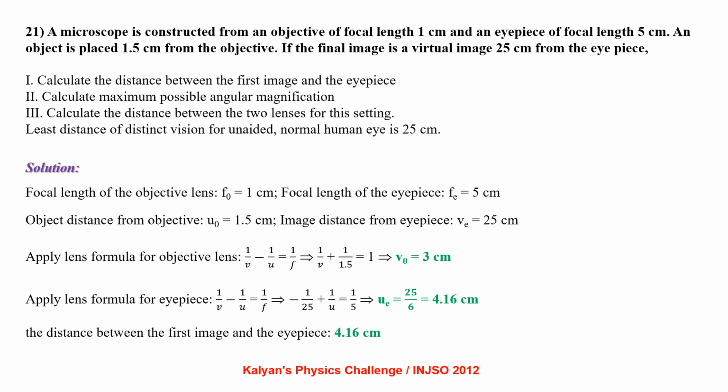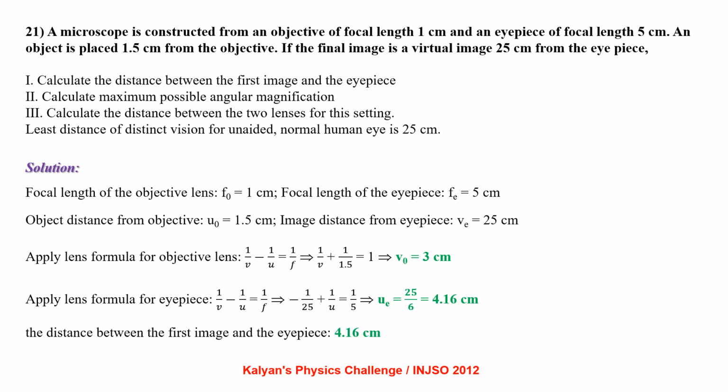Let's go through the given data. Focal length of the objective lens is 1 cm, eye lens is 5 cm, object distance is 1.5 cm, and image distance is 25 cm as it is given as least distance. Applying lens formula for objective lens, 1 by v minus 1 by u equal to 1 by f, from where we get v naught equal to 3 cm, that is distance of the image from objective lens.